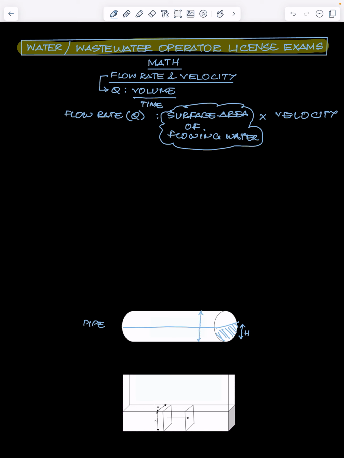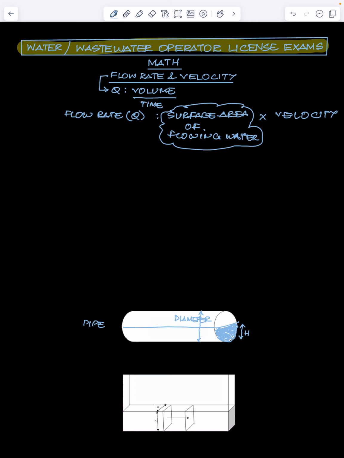So you essentially need both the diameter of the pipe and the height of the water flow in the pipe to calculate this surface area, which can be used for calculating the flow rate.